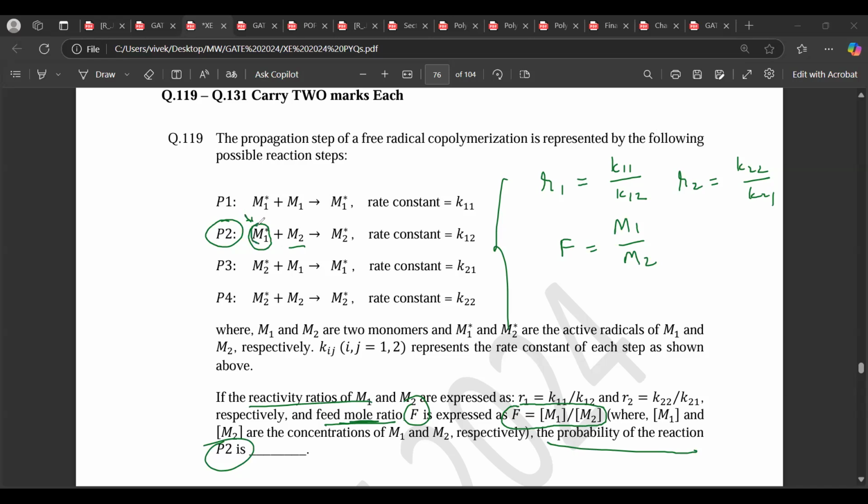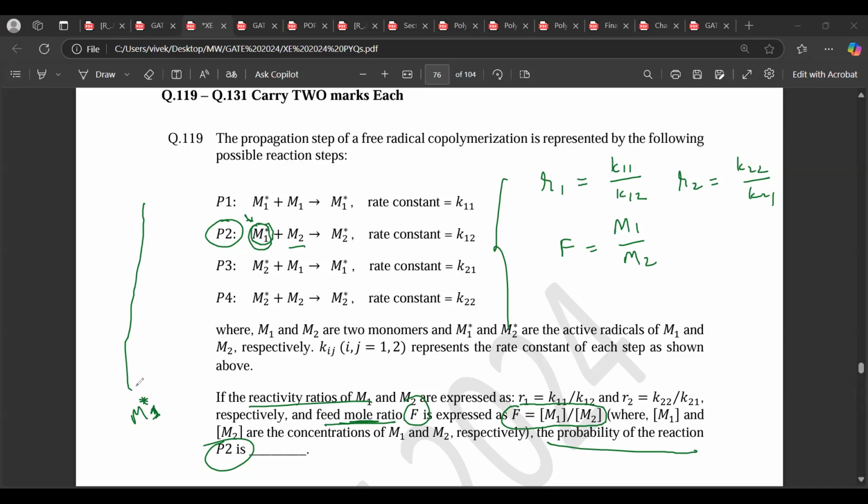Let's say M1 is traveling on a path. M1 star is on the path of moksha. It wants to get moksha by reacting with any monomer. But because this is such an unstable high energy state, it wants to get its moksha, meaning an equilibrium state.